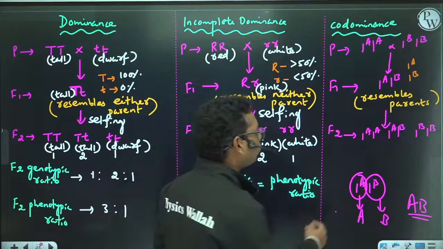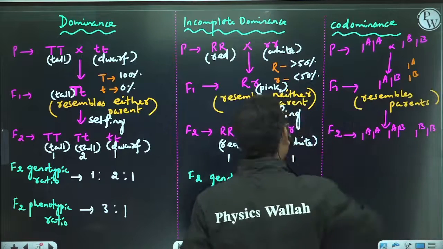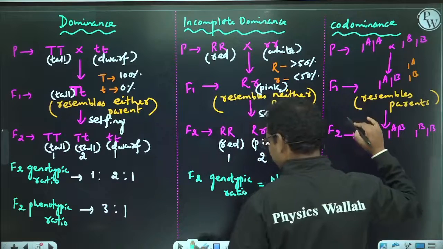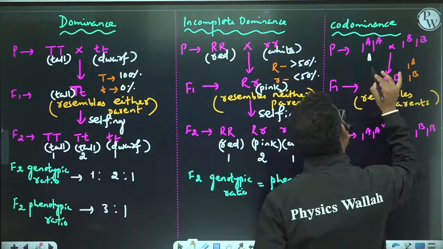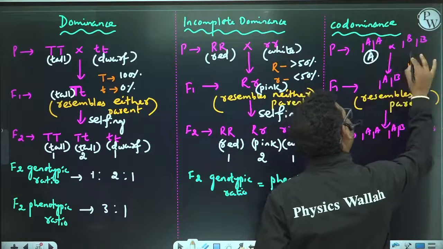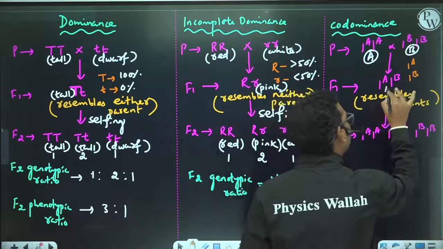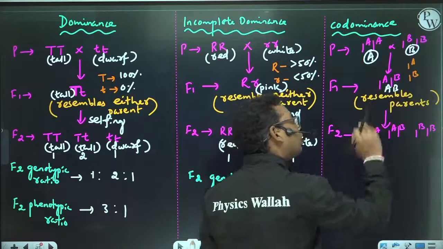Clear? So let me take two individuals. One is having blood group A, another is having blood group B. So here the blood group is A, and here the blood group is B. Okay, and in this case the blood group is AB. Why? Because antigen A and B both are produced.